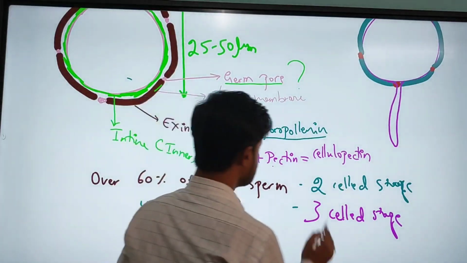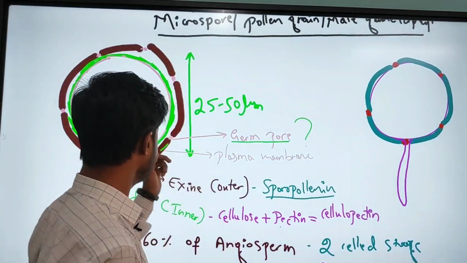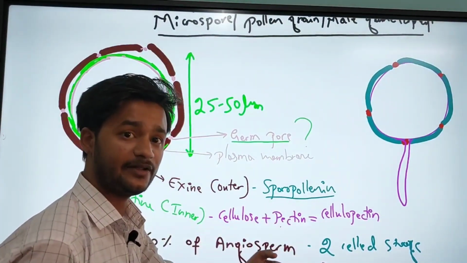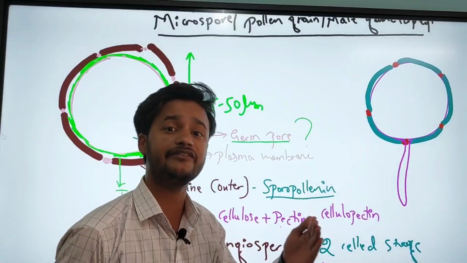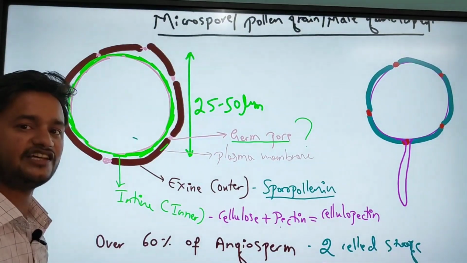Actually the pollen grain now consists of only one cell. Soon it divides, an unequal cell division takes place, resulting in one larger cell and another smaller cell.